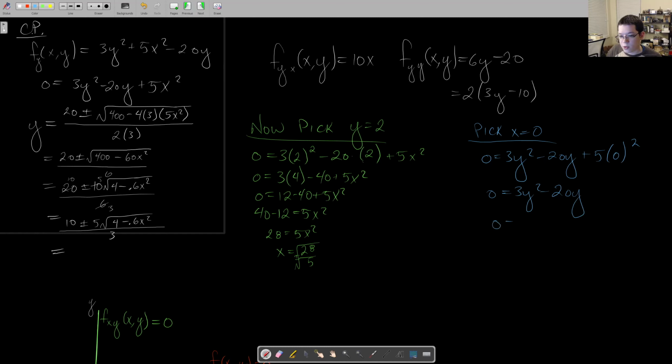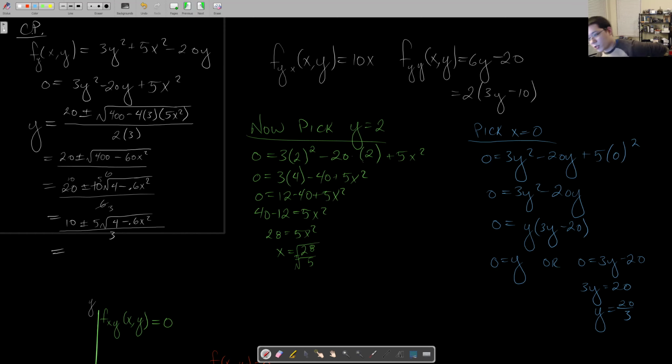So then you have 0 equals y times 3y minus 20. So then you have 0 equals y, or 0 equals 3y minus 20. So then 3y would equal 20, y equals 20 over 3. So now we have 2 more points to look at.